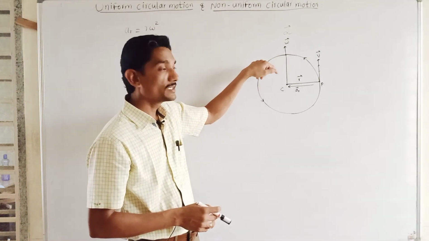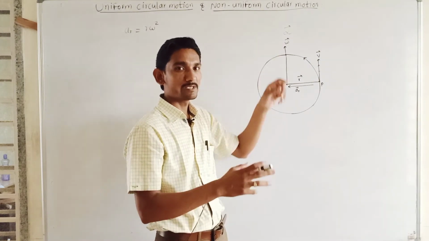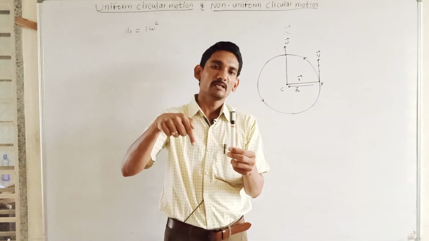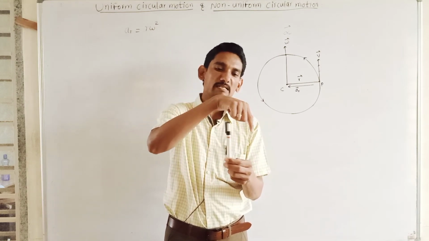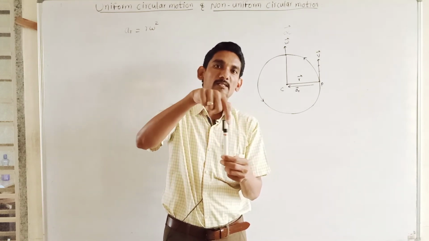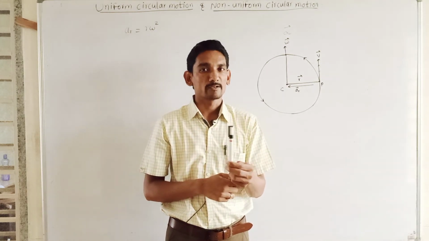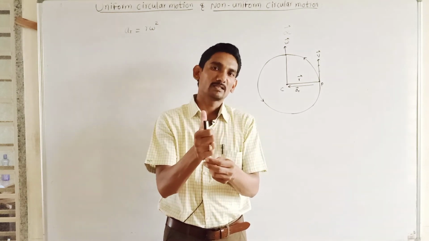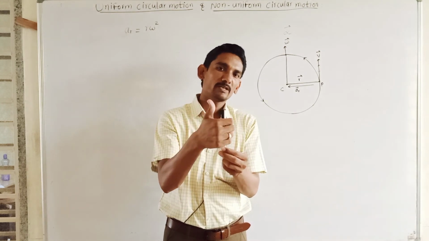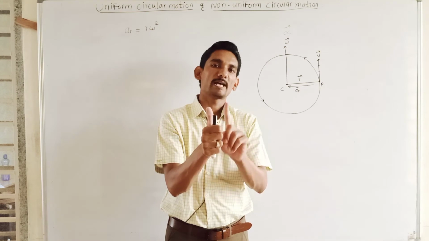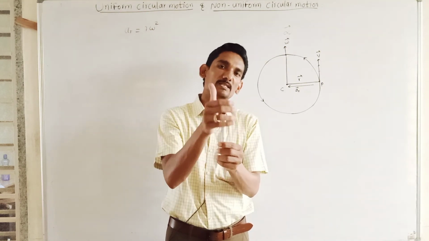If it is the axis of rotation and the particle is moving in the anti-clockwise direction, then what is the direction of angular acceleration? We can determine it by using the right hand thumb rule. The particle is moving in this direction, then the outstretched thumb gives the direction of angular acceleration. So it is in this direction.